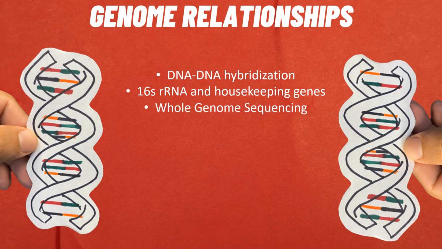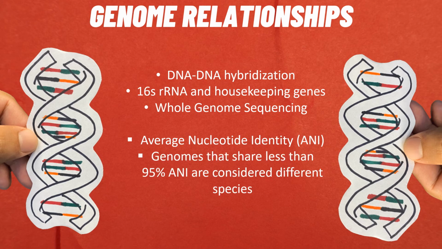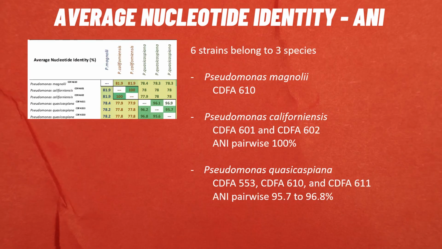Moreover, whole genome sequence is now routinely used for bacterial classification, providing a comprehensive comparison among bacterial strains. Using whole genome sequence, we are able to calculate, for example, the average nucleotide identity between two genomes, and the literature shows that genomes that share less than 95% average nucleotide identity are considered different species. For this work, DNA was extracted for whole genome sequencing of the 6 strains.